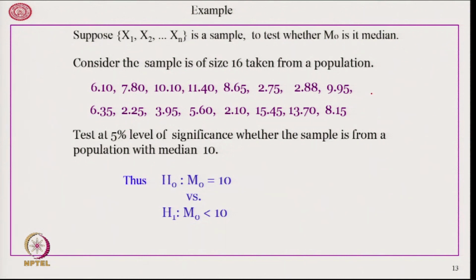You can see the 16 values here, and we want to test at 5% level of significance whether we can accept the value m naught equal to 10 against the alternative m naught less than 10. That is, we are looking at a one sided alternative.